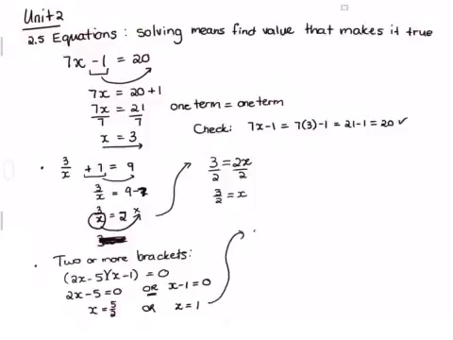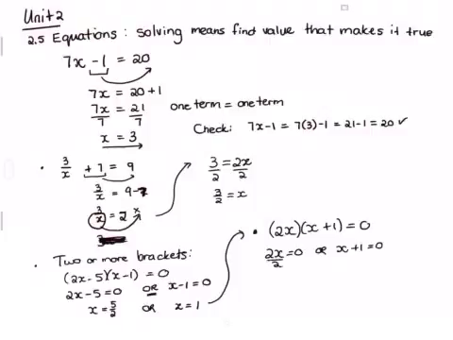Right, let's go on here and do one more where there's only one bracket, but actually the 2x counts as a bracket by itself. So you can always put brackets around it if you want to. It's still the rule of take each one, put that equal to 0 with an or in between.